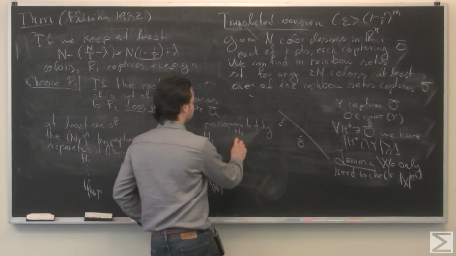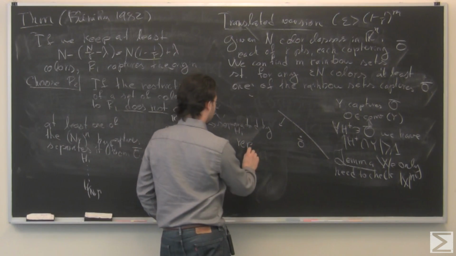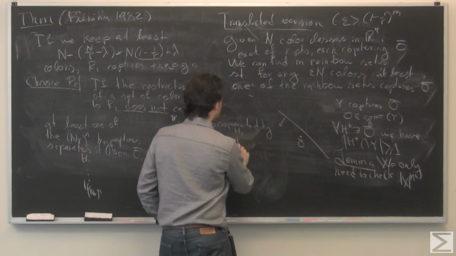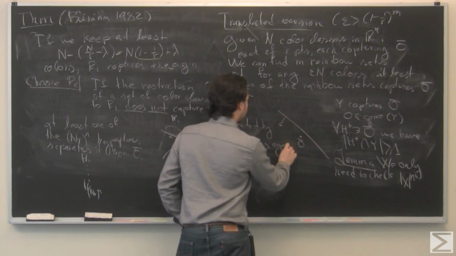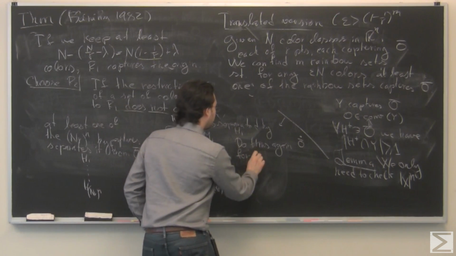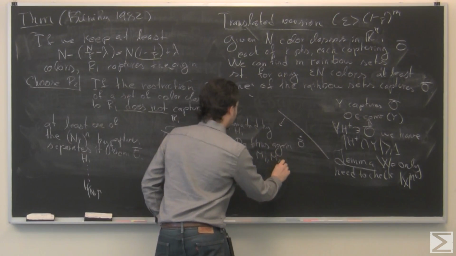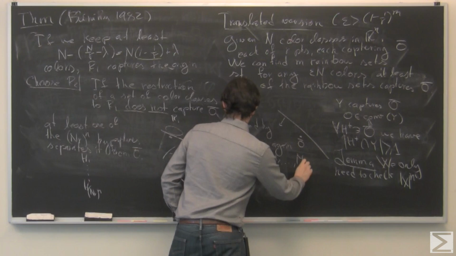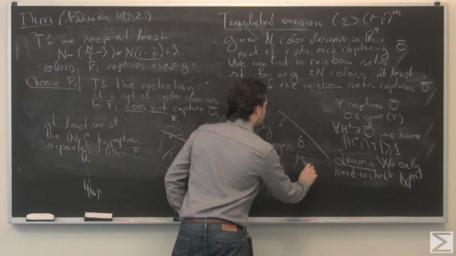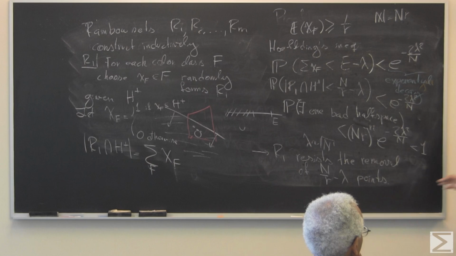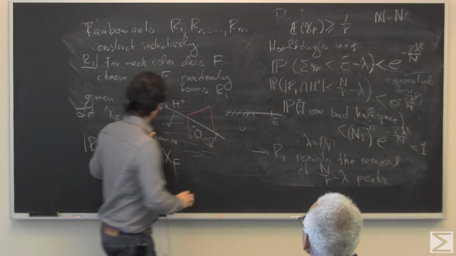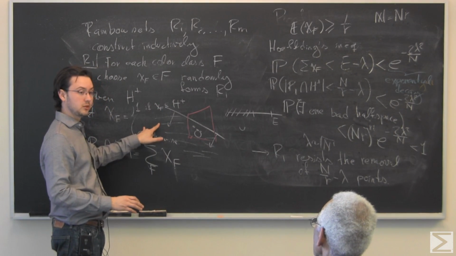So now we sort of repeat the argument. We do this again for M1, M2, and R to the n. So what we want to do is to choose each color class randomly now in R2.